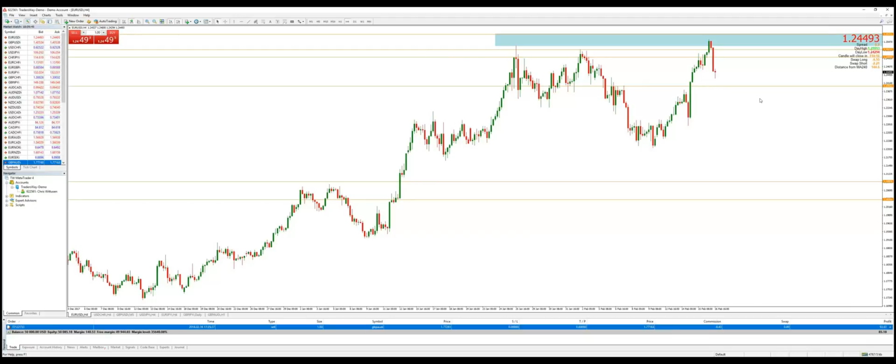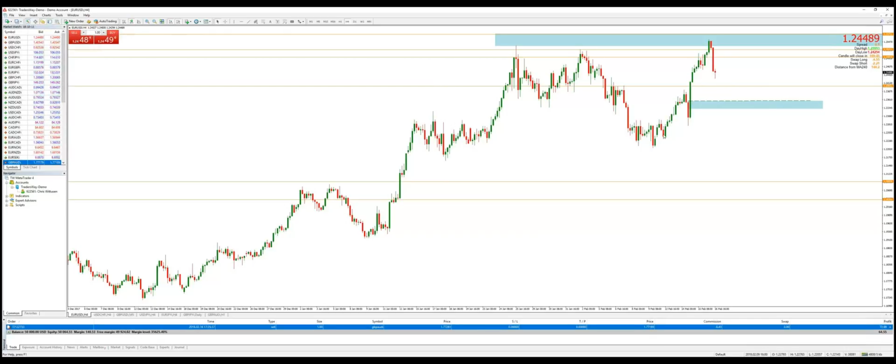Anyway, I'm down to 4 hours, and I'm going to start painting out some areas where I think price could run into hesitation. Now, the reason why I'm using this dotted line here is that I'm marking an area where the price will have difficulties breaking through.